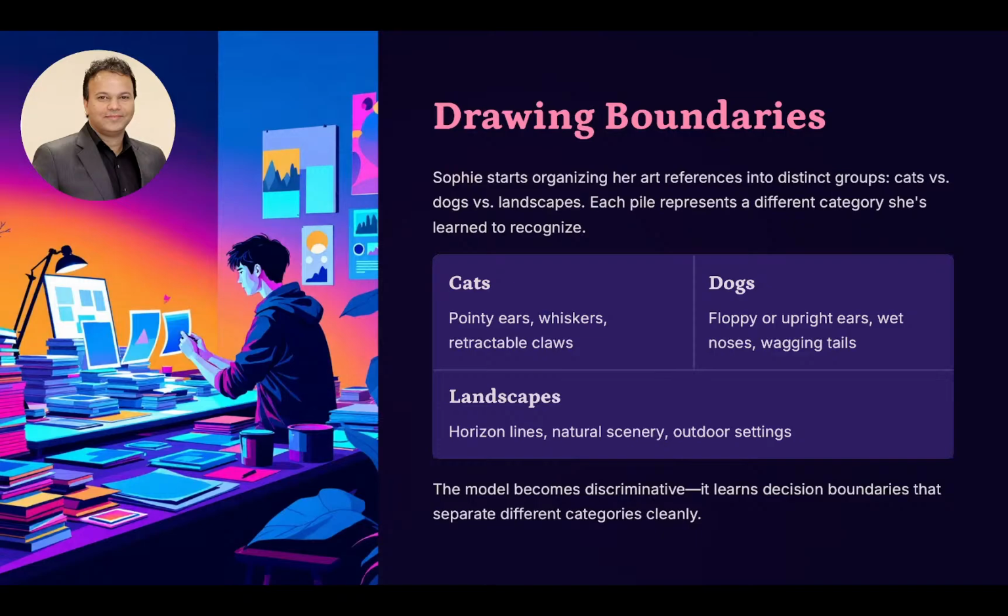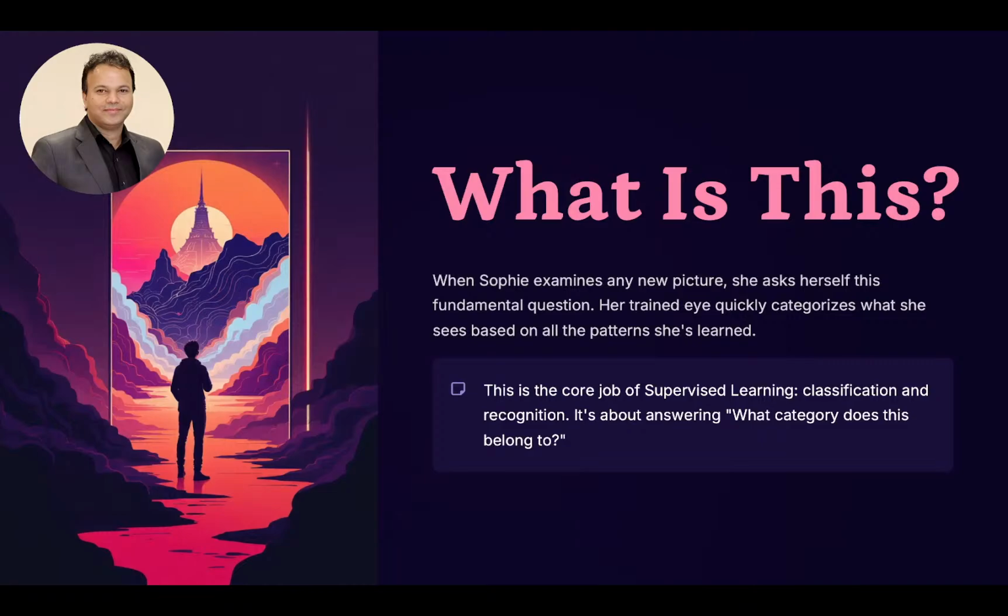So she's now becoming discriminative, as in is able to categorize and say, okay, this is not a cat, this is a dog, this is not a landscape, this is a cat. You show an image to a neural network and ask what it is. First thing is it looks at the picture, the pixels, the patterns, and then starts understanding, okay, I see scenery, nature, sunset happening behind a temple, right?